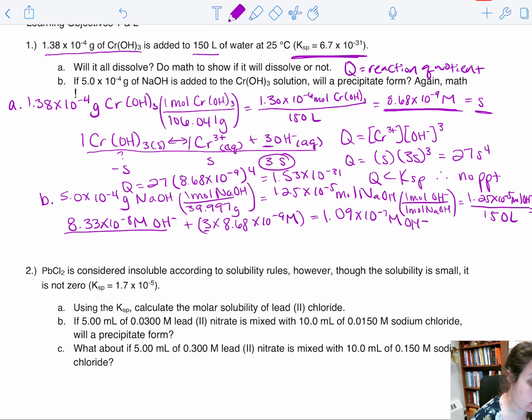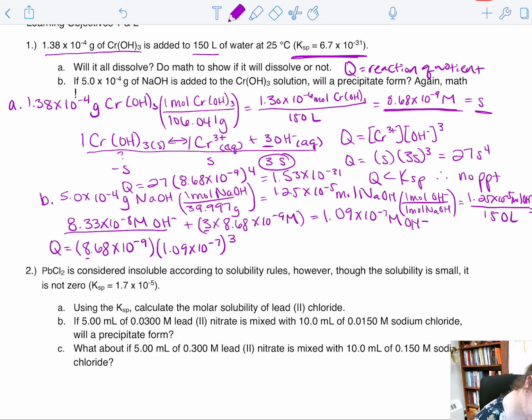That, along with our chromium concentration, will all go into our Q expression. So Q will be equal to 8.68 times 10 to the negative 9, and then 1.09 times 10 to the negative 7 cubed.